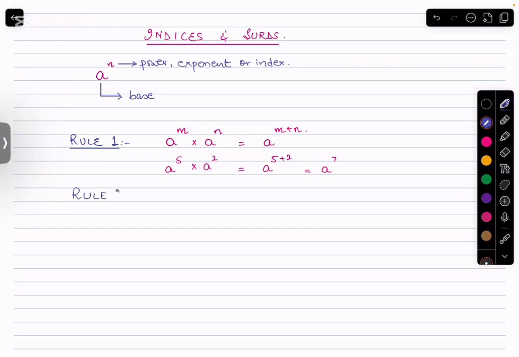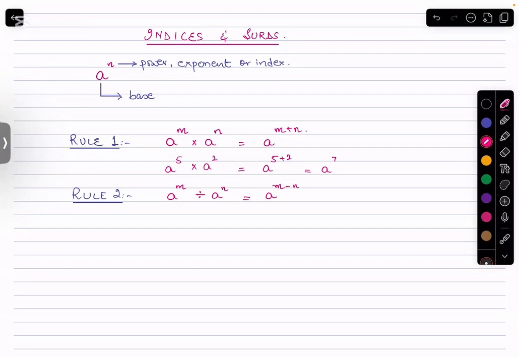Then you have the second rule. Earlier we multiplied, so now I'm going to divide: a to the power m divided by a to the power n. Just remember, multiplication is related to addition and division is related to subtraction. So it's a to the power m minus n.